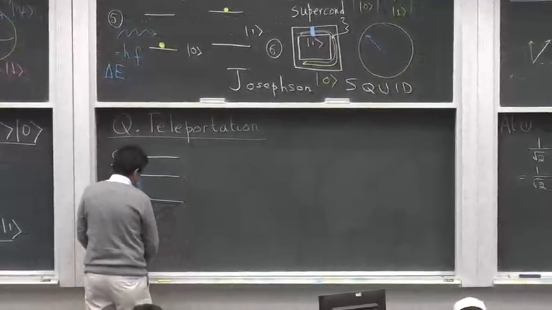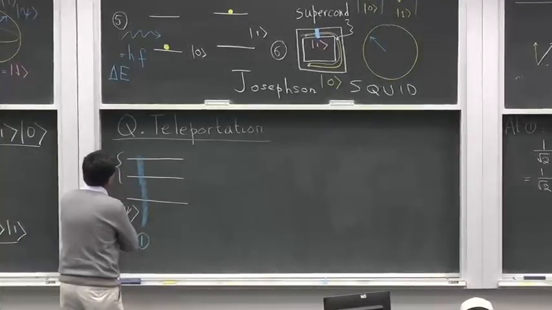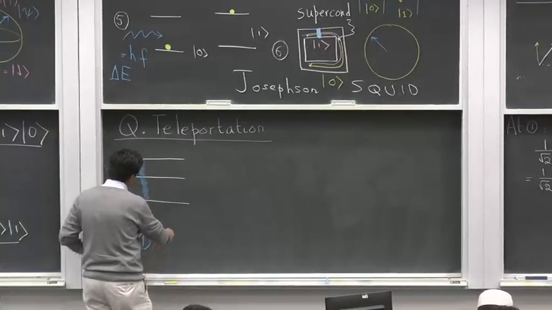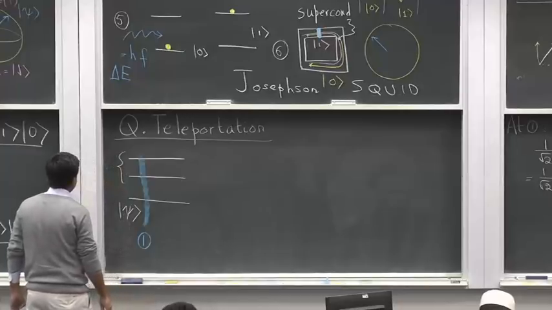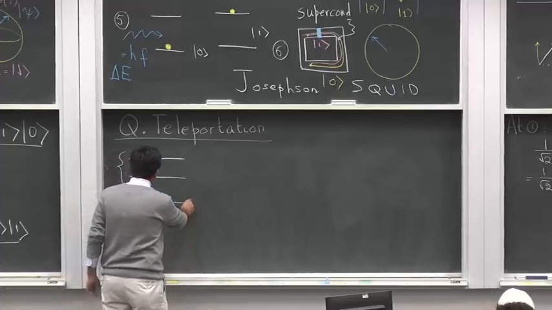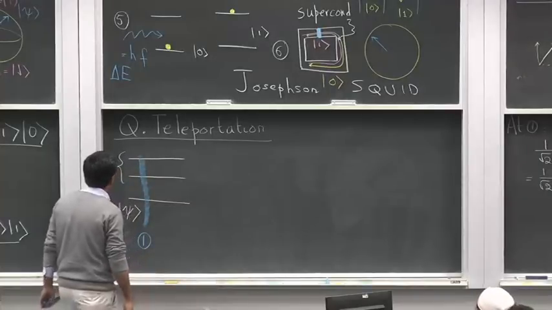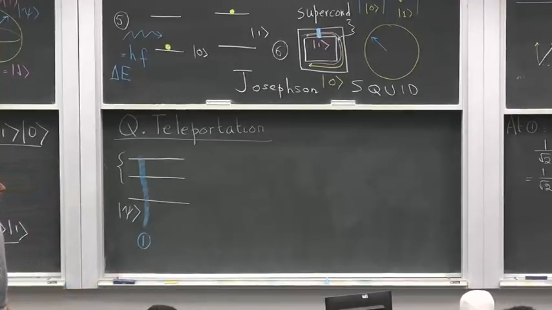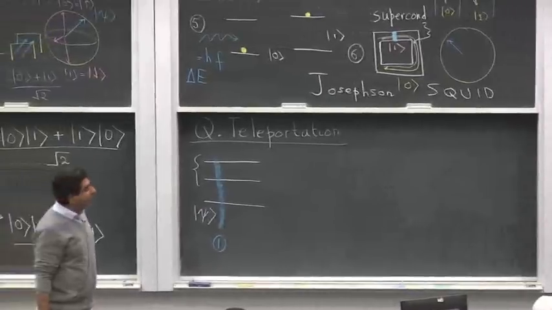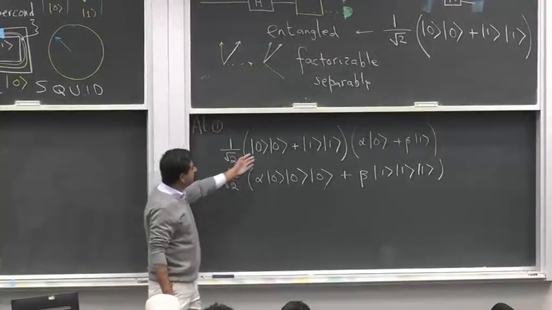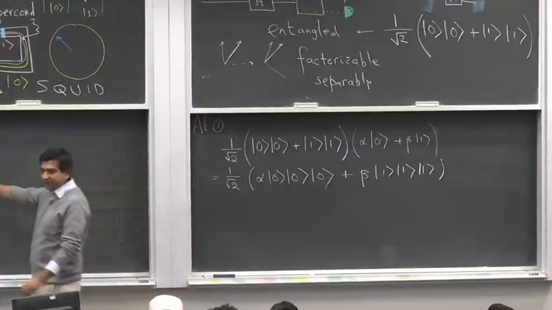Now what I would like to do is, I'm inputting the state 0, 0 plus 1, 1 on the first two qubits.